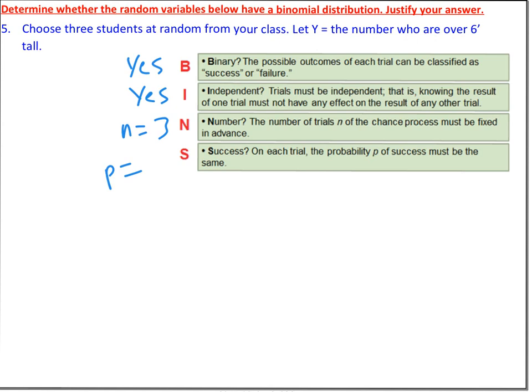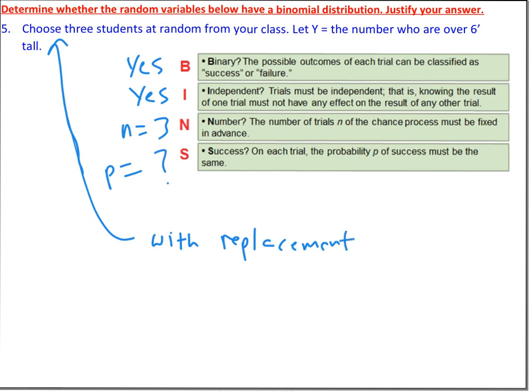It raises the question for me, the sampling up here. Was it done with replacement? If it wasn't, then P is going to be constantly changing.